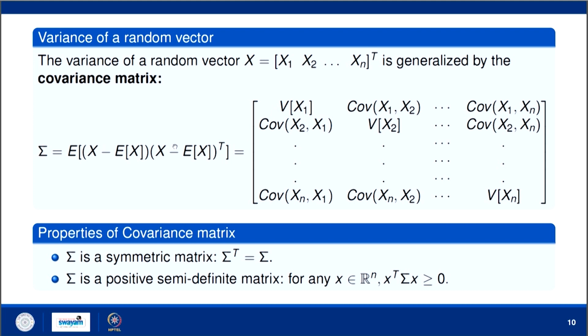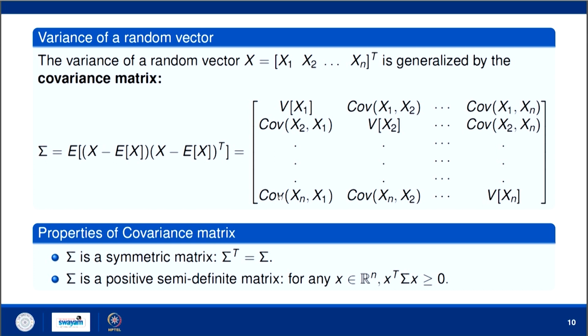When the indices are equal, this gives the variance. When it is x1, x1, it gives the variance. When it is x1, x2, it gives the covariance of x1, x2. When it is x1, x3, the covariance of x1, x3, and similarly for the others. So, this basically gives a covariance matrix.